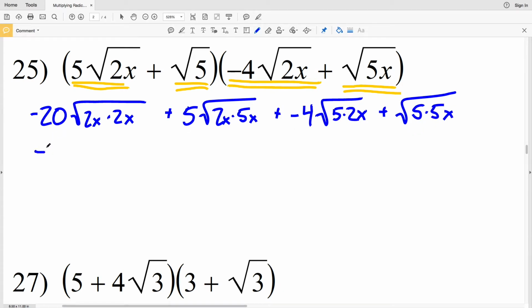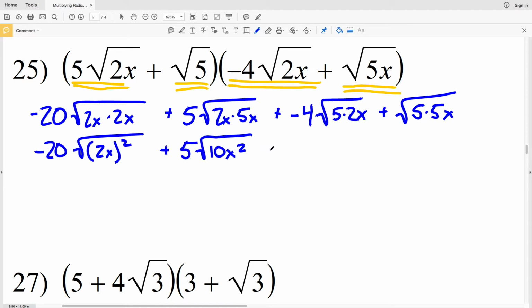So simplifying, I'll have negative 20 times the square root of 2x squared plus 5 times the square root of 10x squared plus negative 4 times the square root of 10x plus the square root of 5 squared times x.